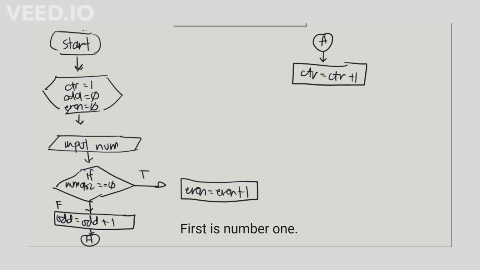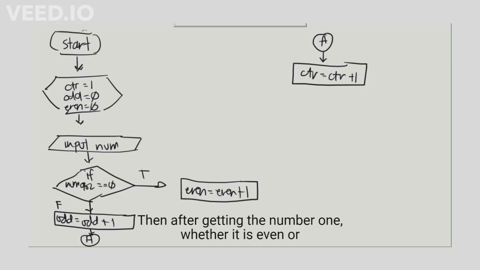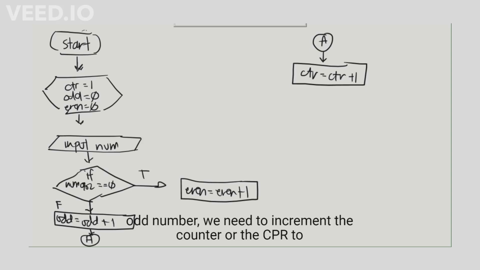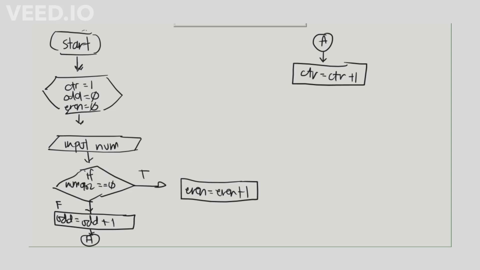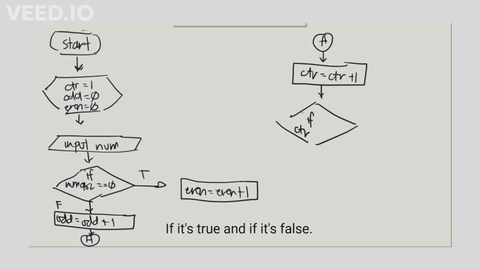First is num1, then after getting num1, whether it is even or odd, we increment the counter to make it num2. Then we test the counter: if CTR is less than or equal to 5, true or false.